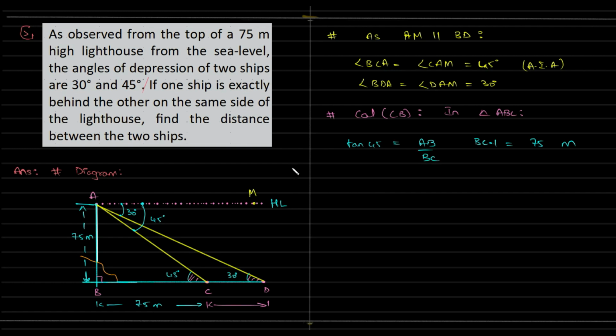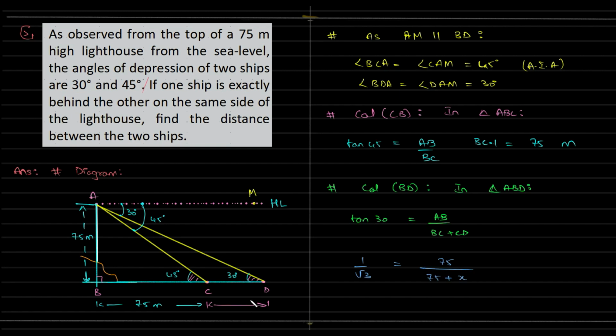Now the next thing is calculating BD. For that we need to talk about triangle ABD. tan 30 is equal to opposite by adjacent. So BC plus CD. tan 30 is 1 by root 3, which is equal to AB, which is 75, over BC, which is 75, plus CD.